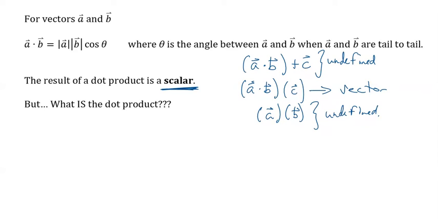So the dot product is when you project one vector onto another and multiply the magnitudes.